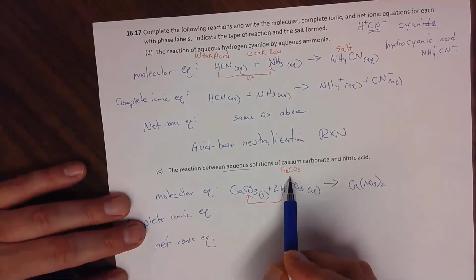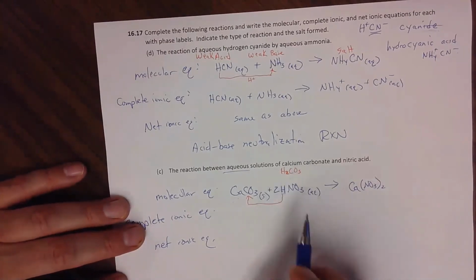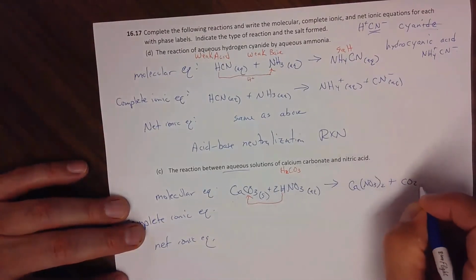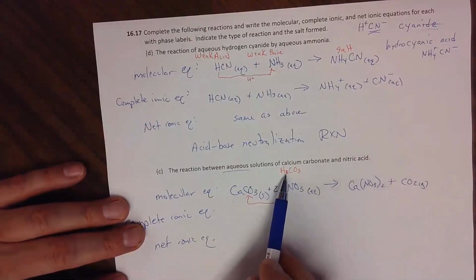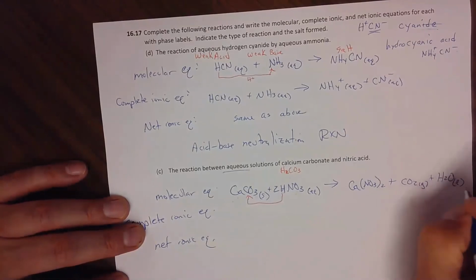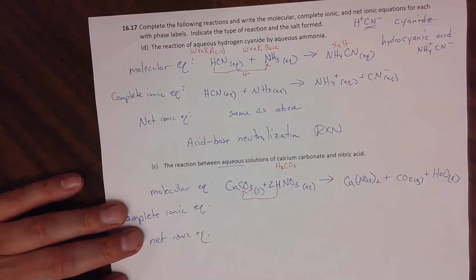What we learned is that carbonic acid, or salts that react with acids that have carbonates, carbonic acid is unstable and it breaks down into carbon dioxide gas. So that's CO2, which leaves behind H2O, which is water, which is our solvent. So that's liquid. Okay.